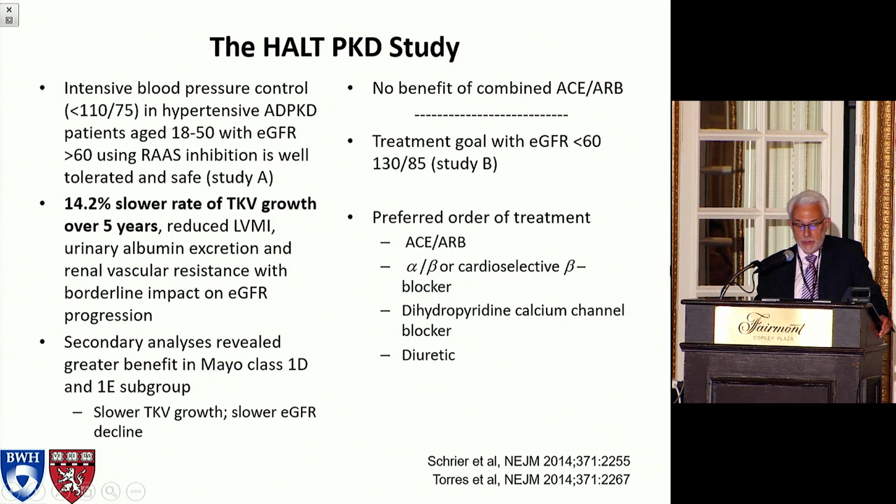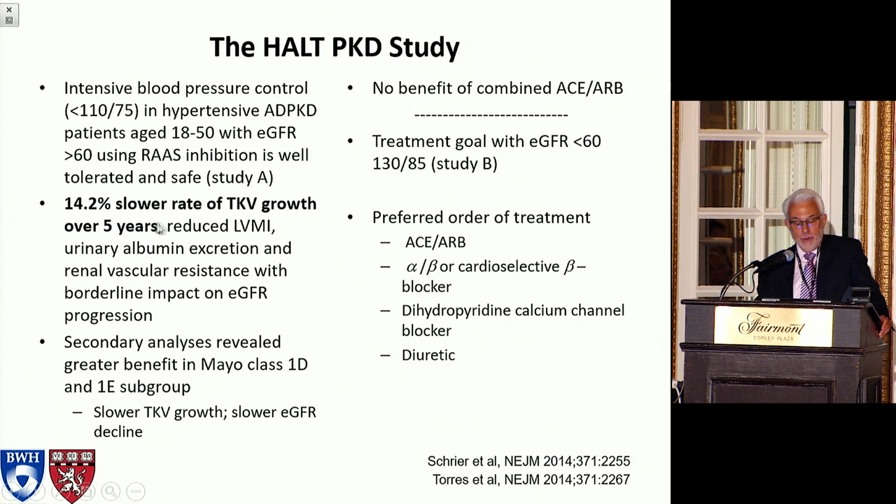So the HALT study, which I can only review briefly, demonstrated that intensive blood pressure control in hypertensive ADPKD patients, again, aged 18 to 50 with eGFR greater than 60, is well tolerated and safe.